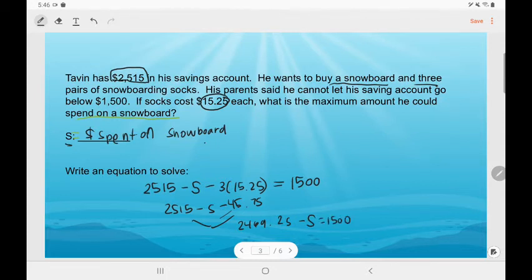Now that I've simplified, I'm going to go ahead and solve it. So minus 2469.25. 1,500 minus that number, so I'm left with the equation negative S is equal to negative $969.25.